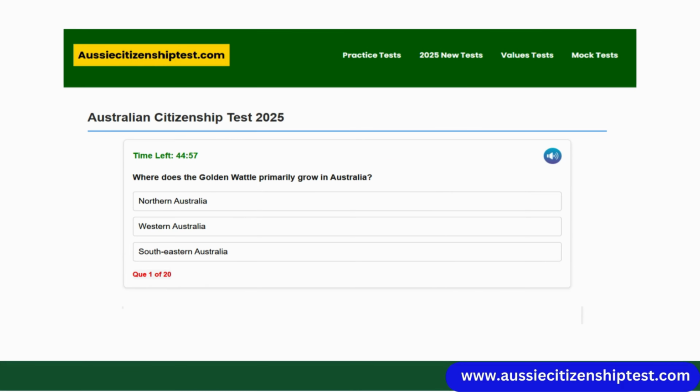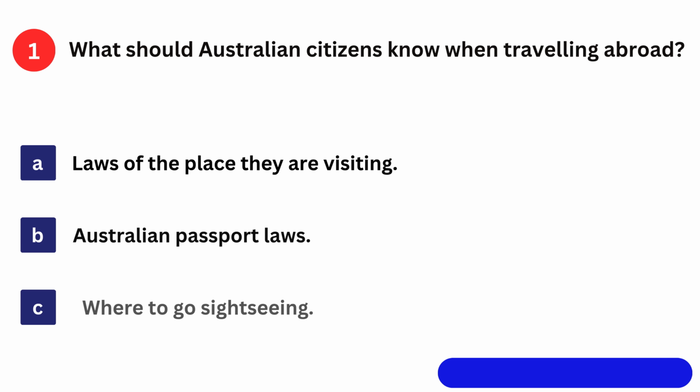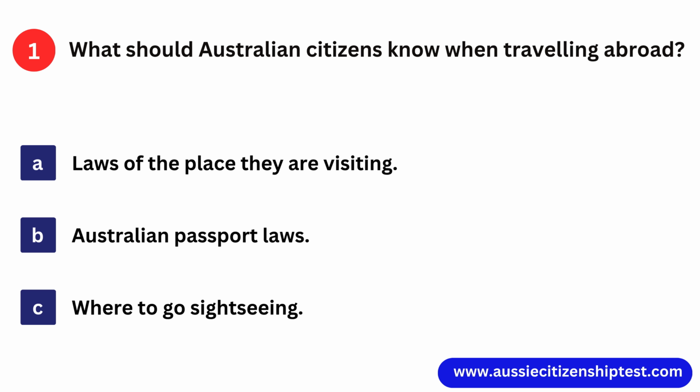Now, let's begin the question. What should Australian citizens know when travelling abroad? Option A. Laws of the place they are visiting. Option B. Australian passport laws.